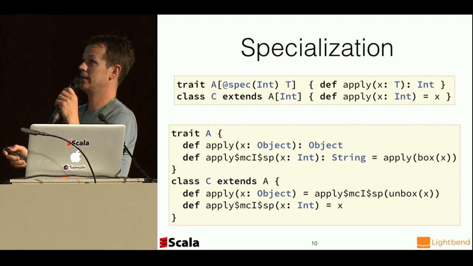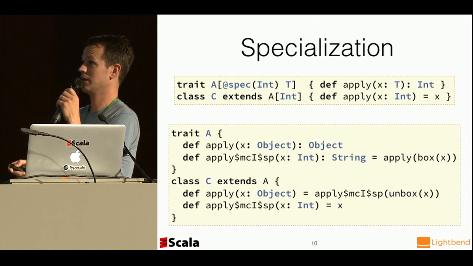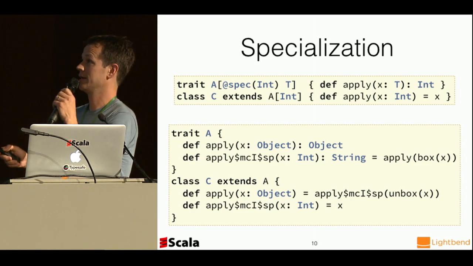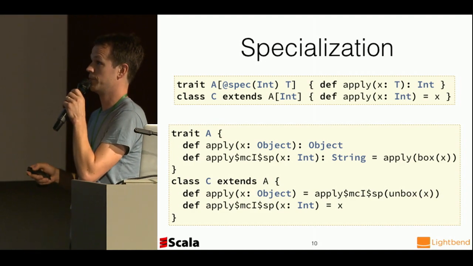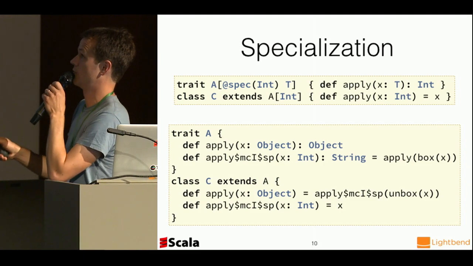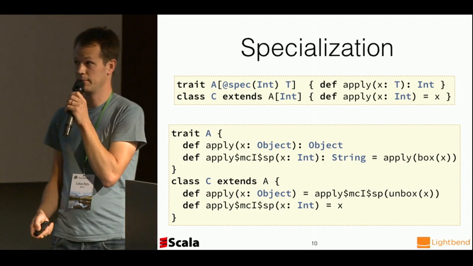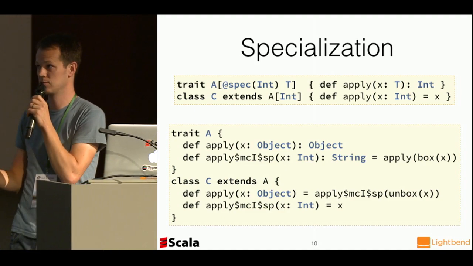The interface, or the trait, let's say, the interface class file will have an abstract method apply, which has the erased signature, and it has this specialized method that takes an int and forwards via boxing to the abstract apply method. And all of this is generated by the Scala compiler.